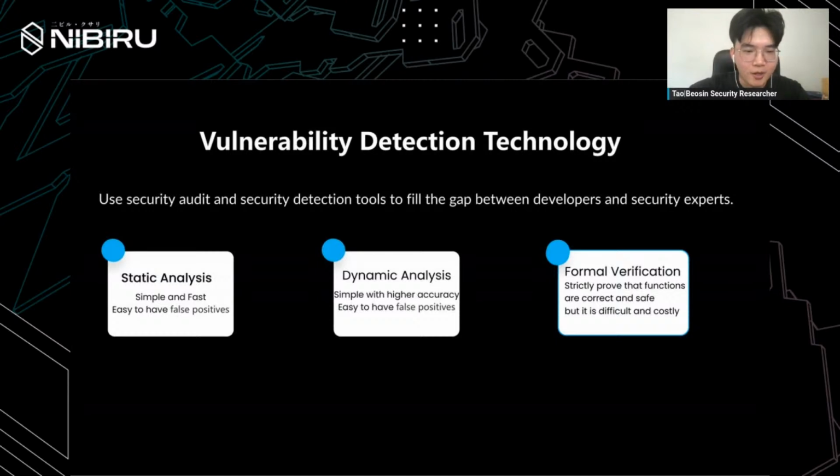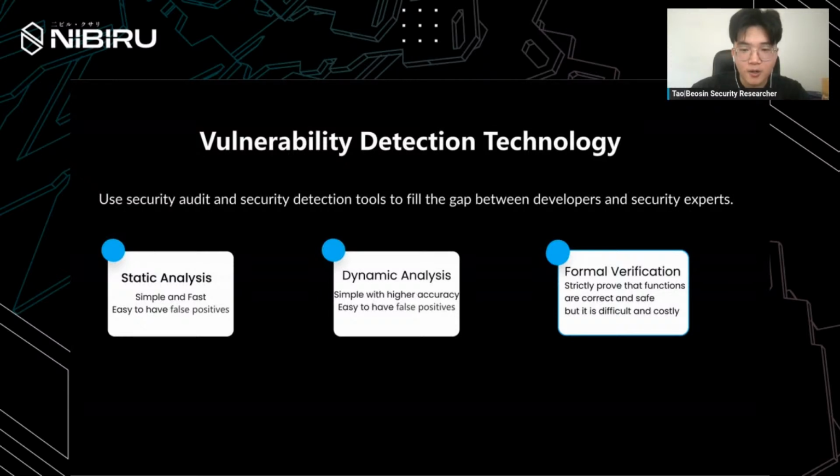The reason dynamic analysis has higher accuracy is that developers can create specified test cases for the code to be tested. So it's more accurate than the static analysis, which just analyzes the code without running it.